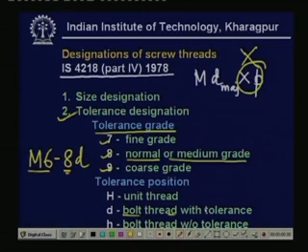Now, let us come to the conclusions of this lecture. We have studied different kinds of threads. Threads are very, very important because of different advantages which we have seen. It is easy to disassemble and assemble, the manufacturing ease is there, as well as the reliability is very much.